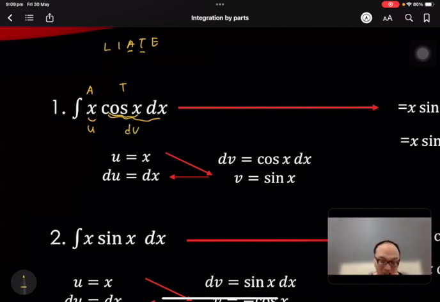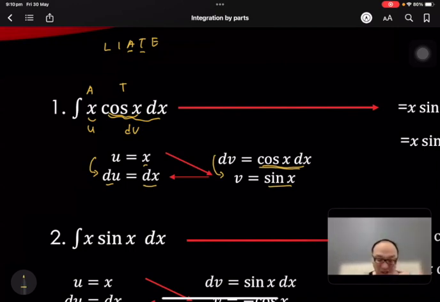So u is x, while dv is cos x dx. Now you derive u into du, so the derivative of x is 1 dx. For dv, you do the opposite, you integrate. So dv is integrated into v, and the integration of cos x dx is sin x. No need to put plus c here, we just put it at the end. In integration by parts, u will be derived and dv will be integrated.